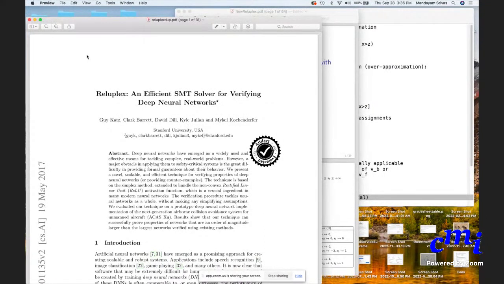Actually, the way it is presented here is, in some respects, better for illustration. I will do that and answer any questions or doubts you may have on simplex before I start describing the Reluplex algorithm.